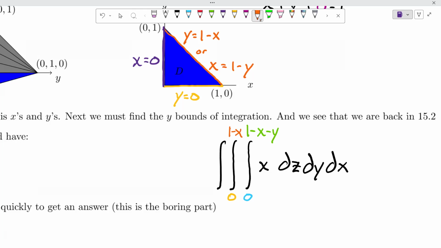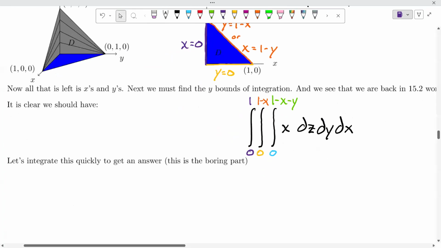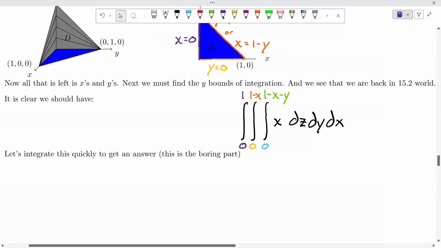And then my x limits are 0 to 1. And then just like that, I've got all the limits I need to go integrate this thing. So there's the new fancy skill that we got to get used to in triple integrals.